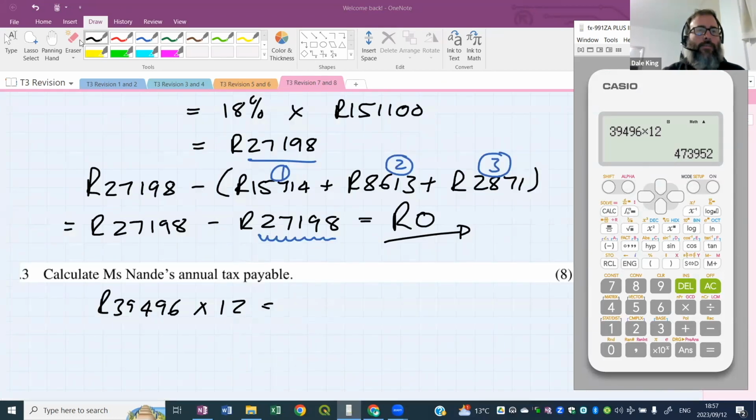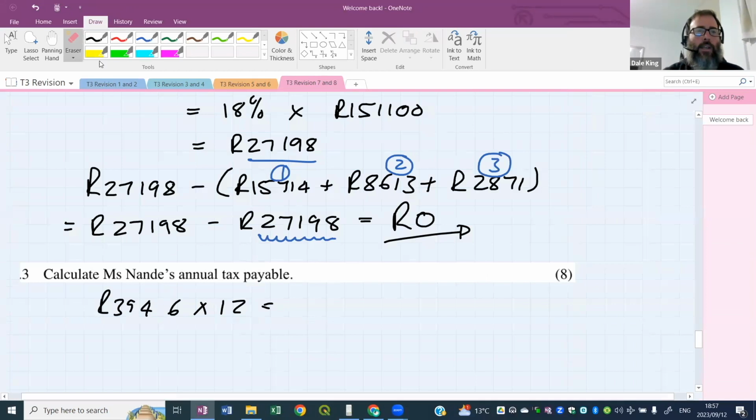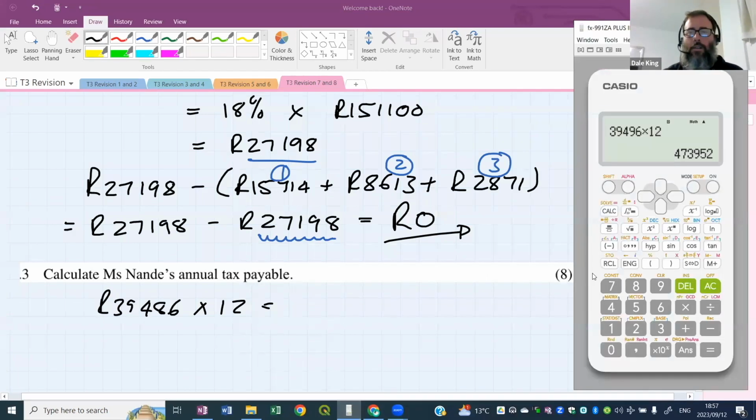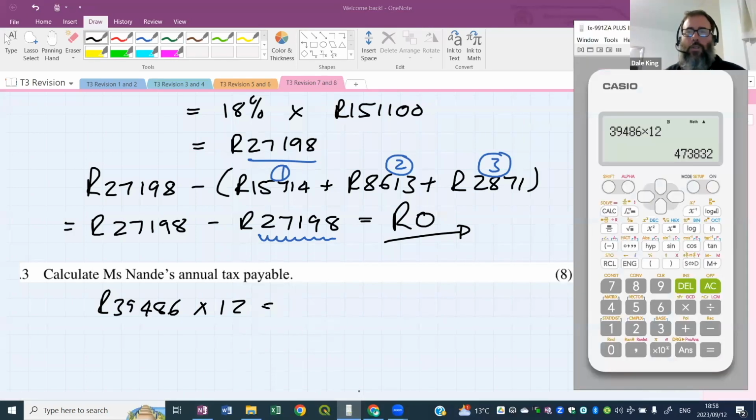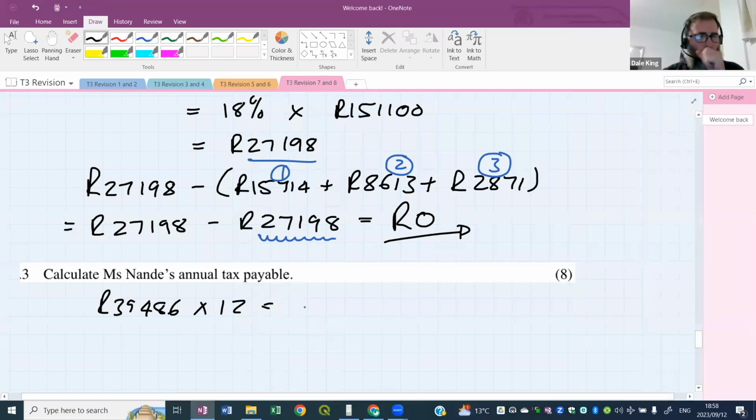It's always these numbers at the end. All right, I'll go back and change that. So 473,832. Is that what you got, Ben? 473,832. All right, this is the annual income. That's the one we want.